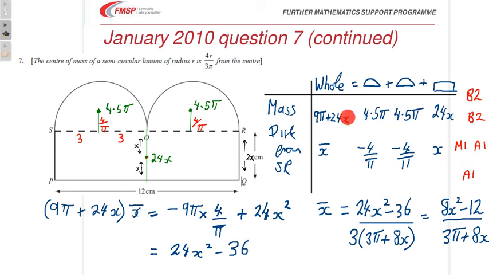A B2 for the masses and a B2 for the distances. And then there were another 3 marks for taking moments, a method mark for taking moments, an accuracy mark for putting the correct terms and the correct positive and negative signs in, and an accuracy mark for getting the correct expression for X bar. 7 marks for that first part of the question.